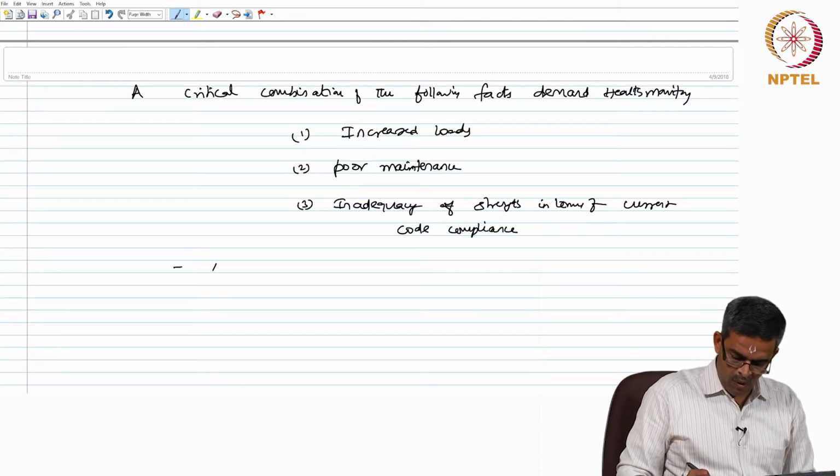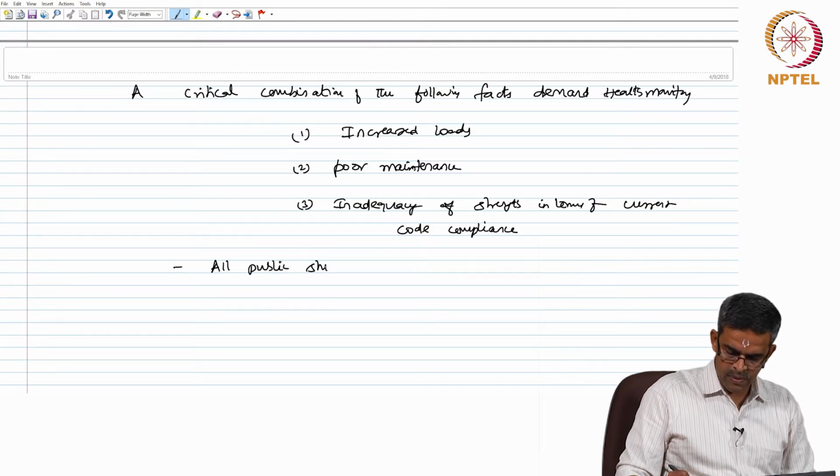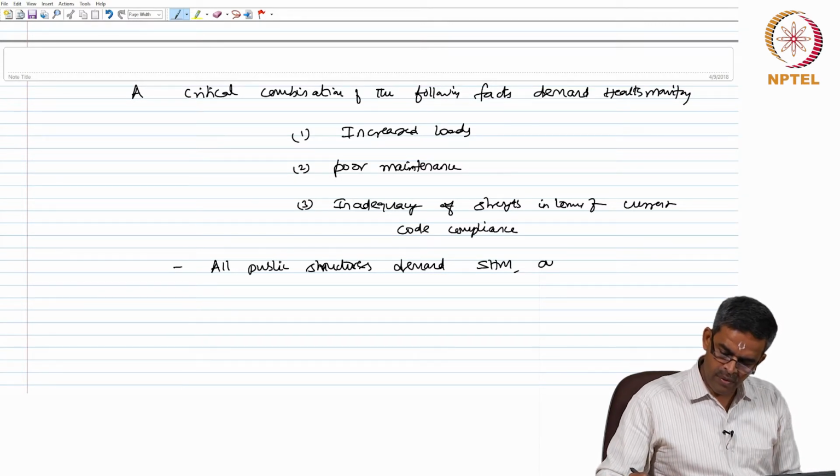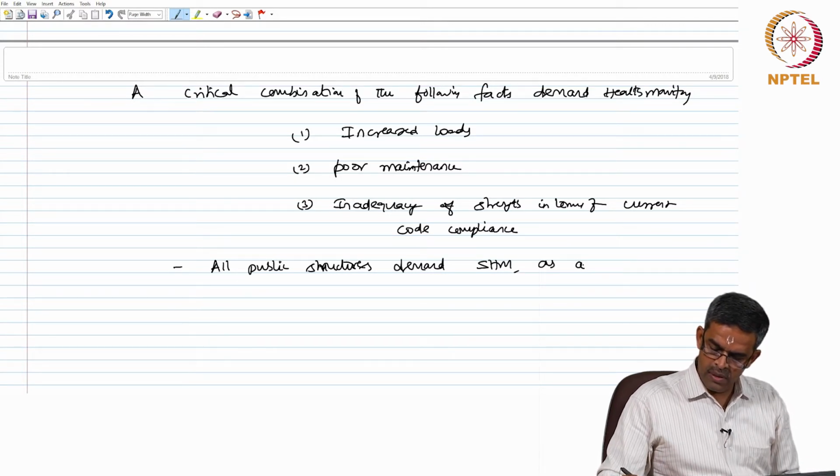Therefore, all public structures demand structural health monitoring as an inadvertent process.